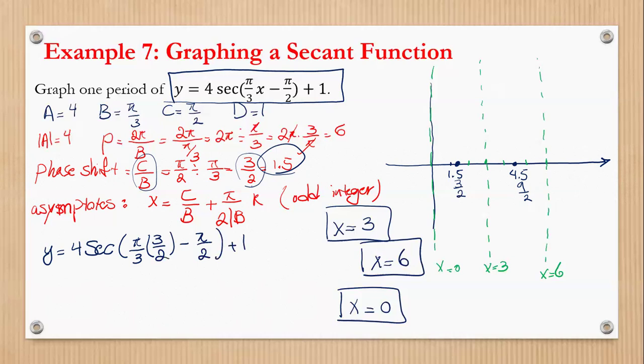If I multiply this, I can easily cancel 3 by 3, and I get only pi over 2, and minus pi over 2 gives me 0. So I will have 4 secant of 0 plus 1.